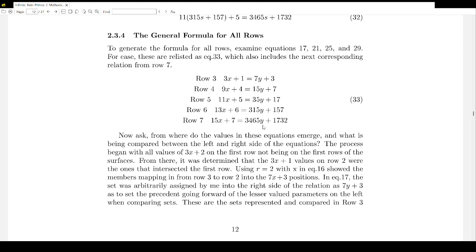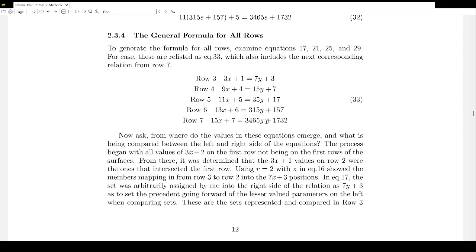We've determined that they're from row 5 on. And again, the only reason that the beginning rows don't follow the pattern is because they were kind of like our initial conditions. And that's just starting with the fact that we had to use 3x plus 2. But because our generating function, our formula 16, was the same after that, and we just followed the same pattern each time, it turns out we do get a pattern for the rest of that system. And it turns out that we can now, instead of having to calculate that all, we have the general formula for that pattern.